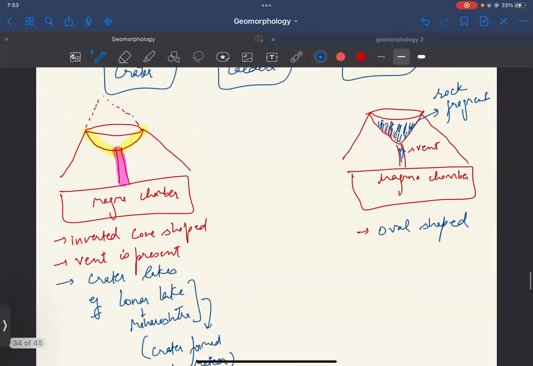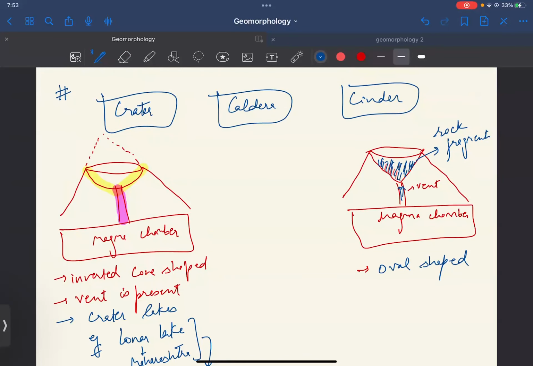All right. Lastly, we have caldera. Again, some people say it is just a large size cinder cone, right? But how is a caldera formed? This is also quite a different aspect. Suppose this is volcanic activity.